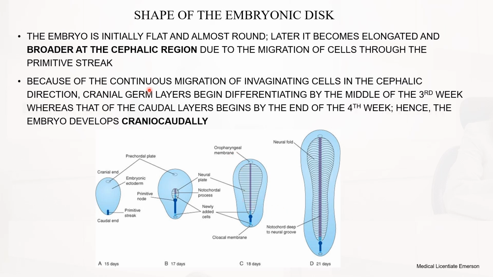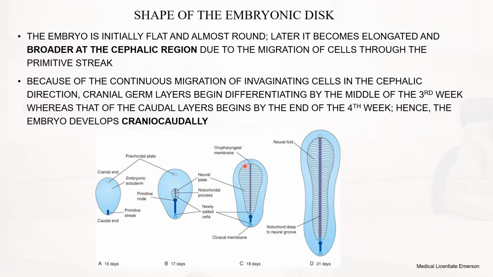Because of the continuous migration of the invaginating cells in the cephalic direction, cranial germ layers begin differentiating by the middle of the third week, whereas that of the caudal layers begins by the end of the fourth week. Hence, the embryo develops craniocaudally, meaning the embryo develops from the cranial part, then caudally.